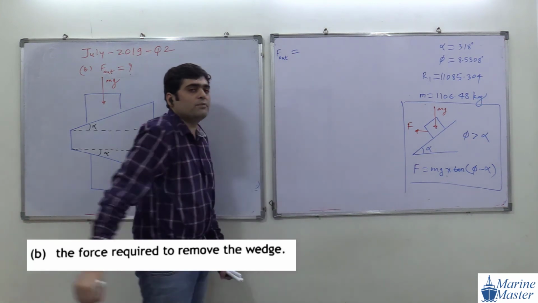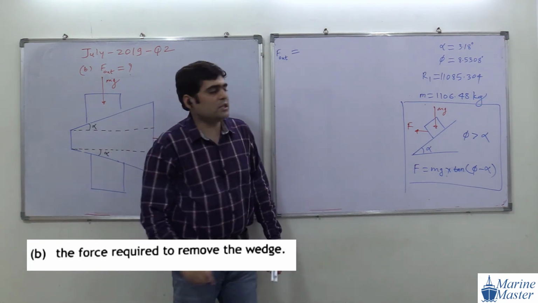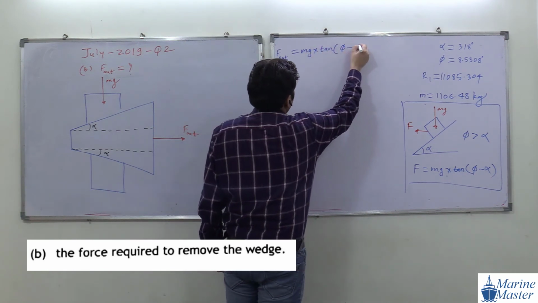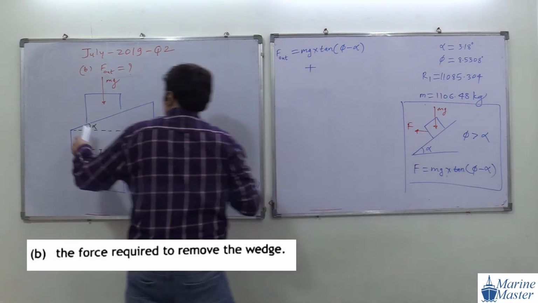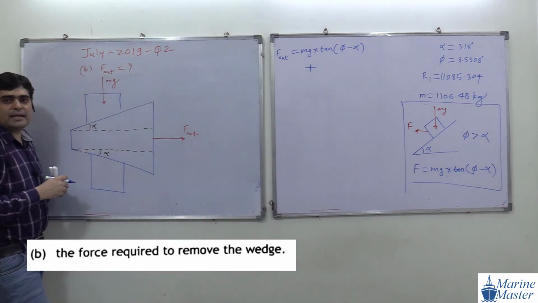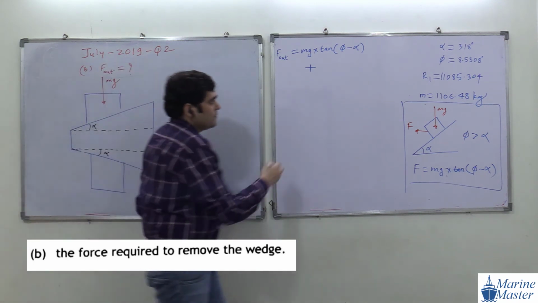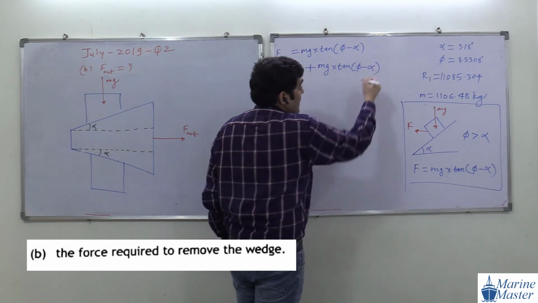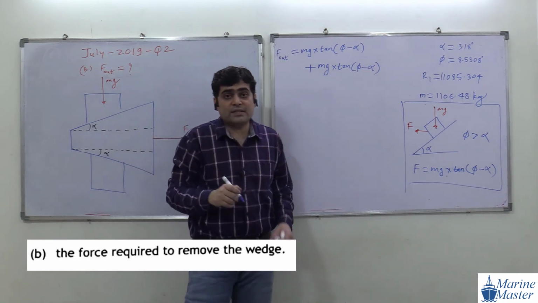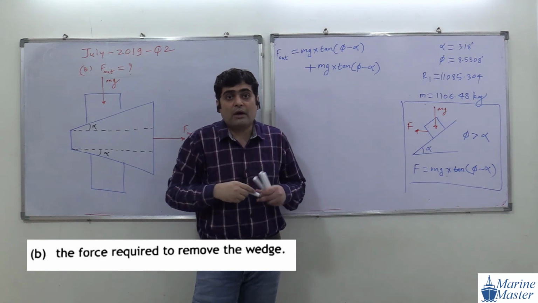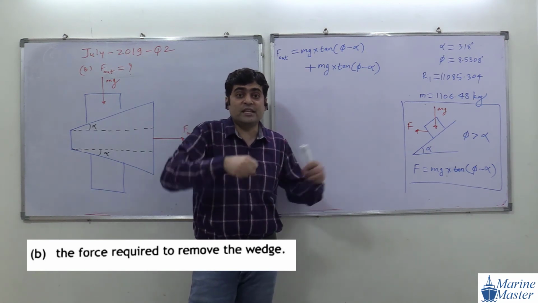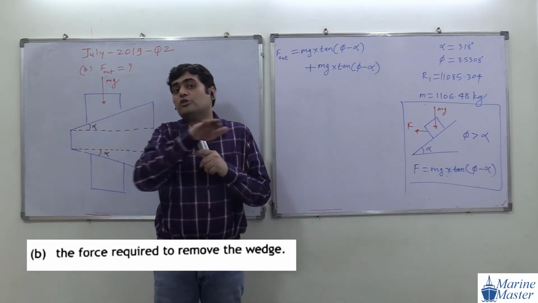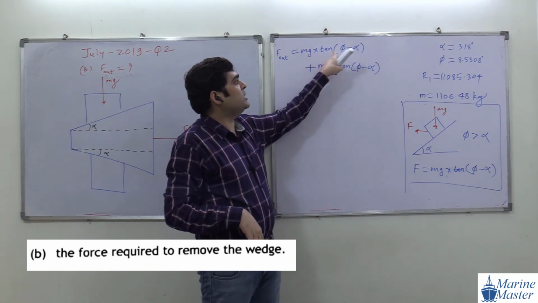For this plane, mg tan of phi minus alpha, plus for this plane mg tan of phi minus alpha, the same. In the last numerical, I also gave you extra questions to find F out, but there one plane was horizontal, so there it was only mg tan phi.